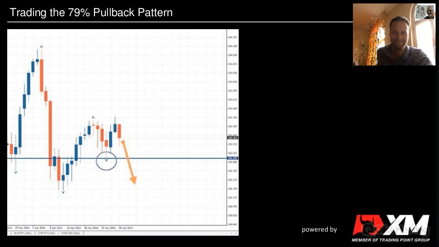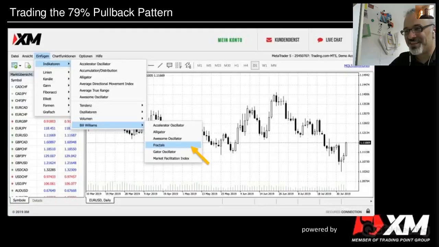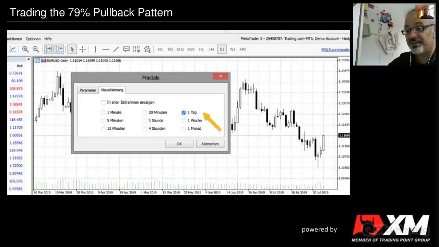Okay, good. So how does it look, for example, on MT4 for XM, our partner who powered this webinar as well? It's also very simple. You go to indicators, Bill Williams, adding the fractals. Unfortunately, it's a German language screen here, but I think most of the guys know what it means in English.